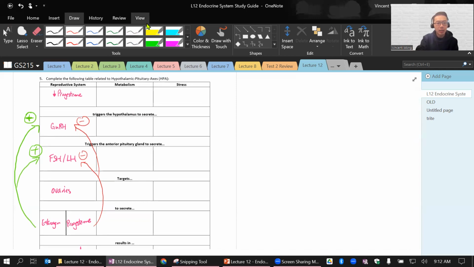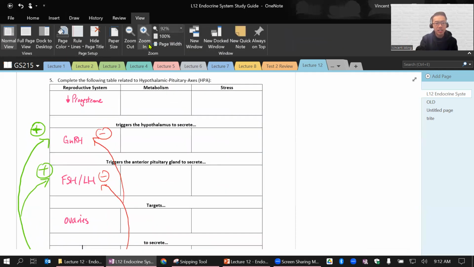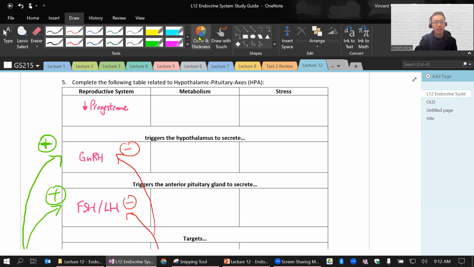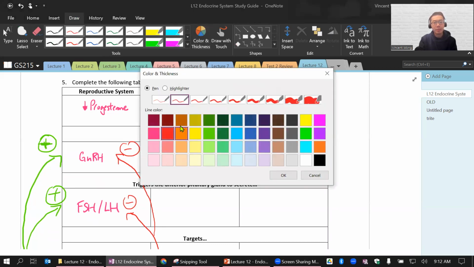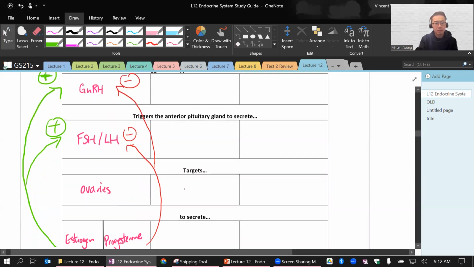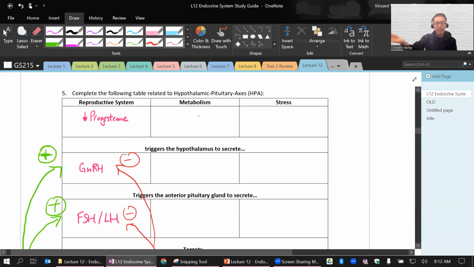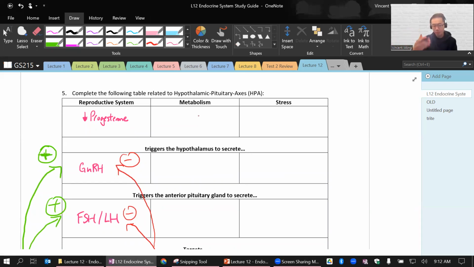Now we're going to take a look at how this is similar in the case of metabolism. All right, in the case of metabolism. So in the beginning over here, when do you need to crank up your metabolism? Yeah, well, you need to crank up your metabolism when your metabolic rate is low, right?